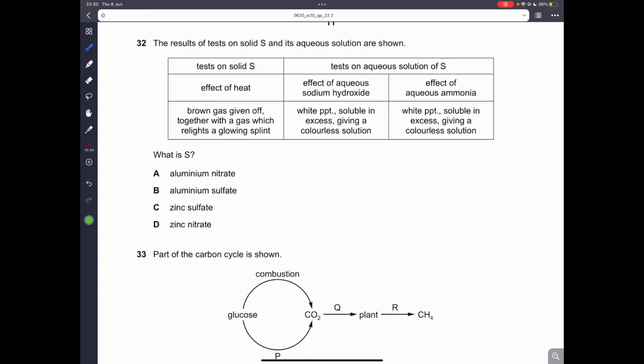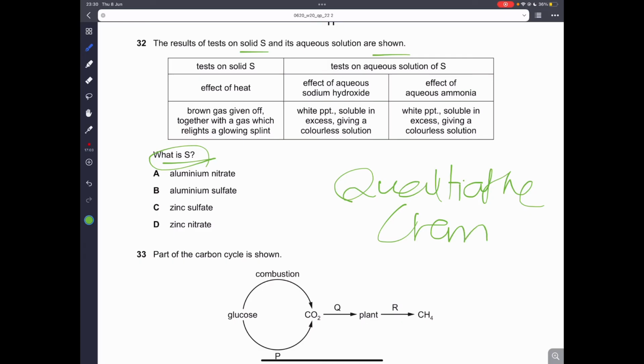Question 32. The results of the test on solid S and aqueous solution are shown. What is S? So this requires you to know the qualitative analysis. You have to know the conditions, the results, the conclusions, and the colors as well.